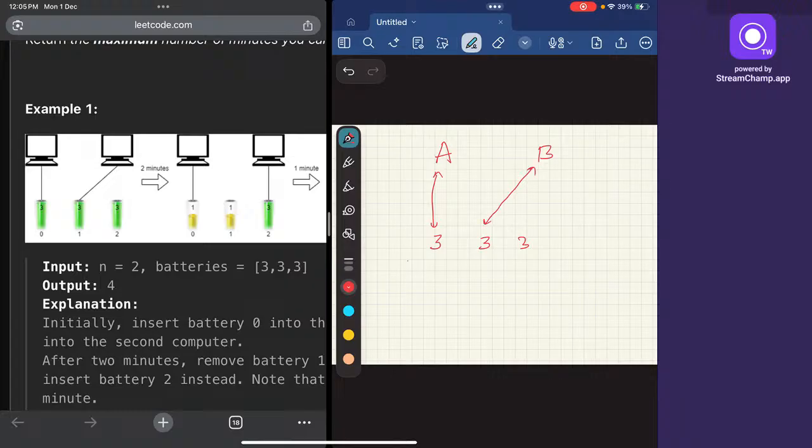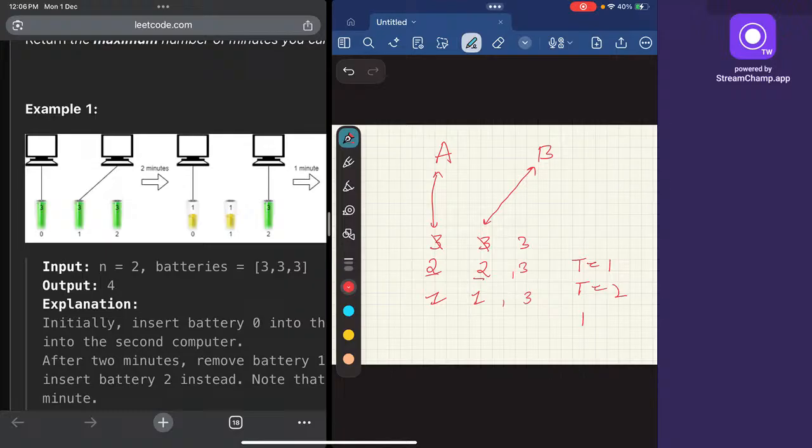At time 1, both batteries will depreciate, so the counts decrease by 1: 2, 2. Now I can run for another minute. At t2, the battery counts will be 1, 1, and 3, and the third battery is not used.